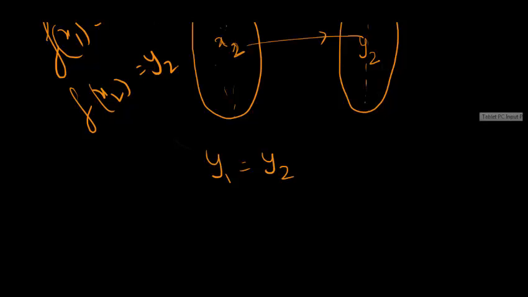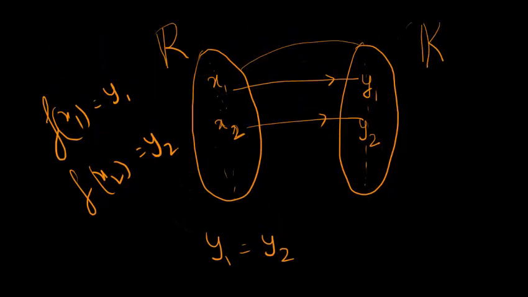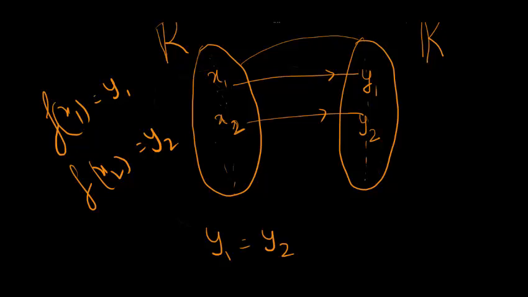So I'm now putting a condition that y1 is equal to y2. When I say y1 is equal to y2, what's going to happen? This is now going to go away. Rather, that's going to become y1 itself, which means x2 is now getting connected to y1, which means now it is not a 1 1 function.